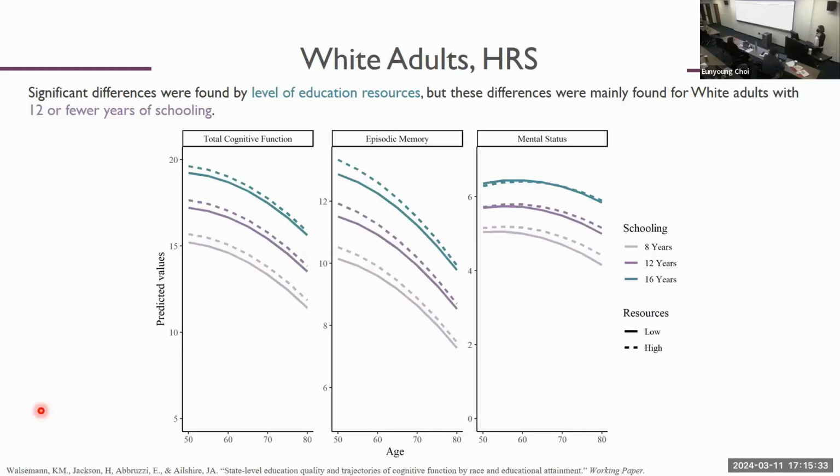It was entered into the model as a continuous measure, but just for plotting these figures, we plotted them at specific values that we thought were important. The low resource states are at the 20th percentile, and the high resource states are at the 80th percentile, and the high are the dotted lines, just so you can orient yourself to these figures.